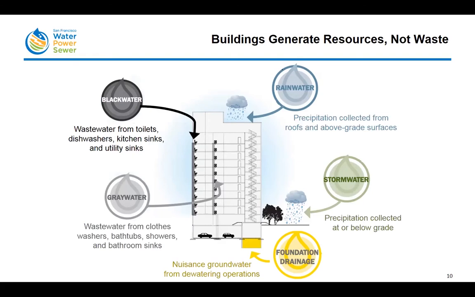Buildings produce a variety of water sources, including rainwater, which is precipitation collected from roofs; stormwater, which is precipitation collected at grade, street level; foundation drainage, which is nuisance groundwater that's traditionally pumped to the sewer, but can actually be captured and reused; graywater, which is wastewater from clothes washers, bathtubs, showers, and bathroom sinks; as well as blackwater, which is all the wastewater that's produced in a building, including from toilets, dishwashers, kitchen sinks, and utility sinks. So we really see these water sources as a resource that can be reused.